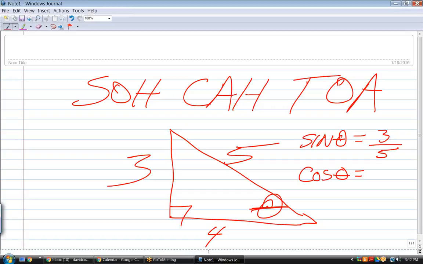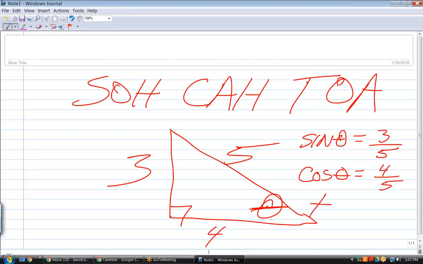So there's no ambiguity. In other words, just like opposite means only this side right here, adjacent means only that side right there. It's whatever side is adjacent to theta and not the hypotenuse, which is only... So it's 4? So it's 4 over 5.